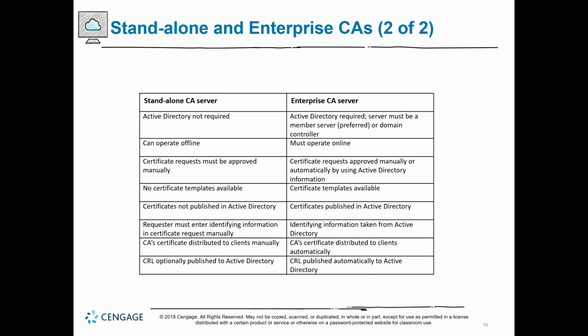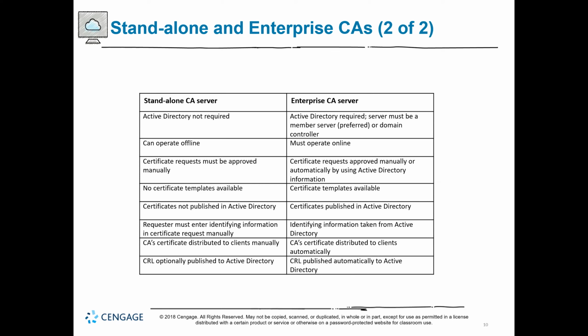The standalone can operate offline, whereas the enterprise has to be online. Standalone certificate requests must be approved manually, and enterprise certificate requests are approved manually or automatically by using Active Directory information. Standalone, no certificate templates are available. Enterprise, you have the templates.